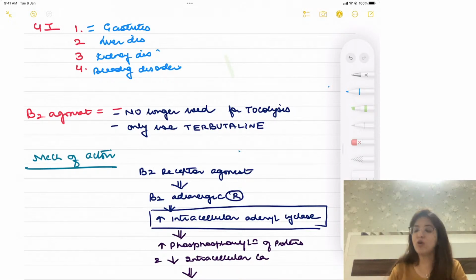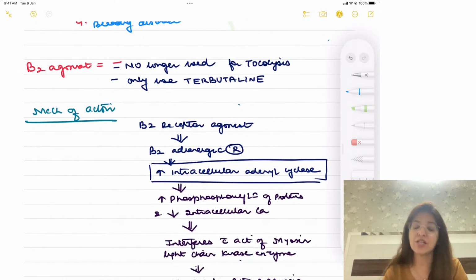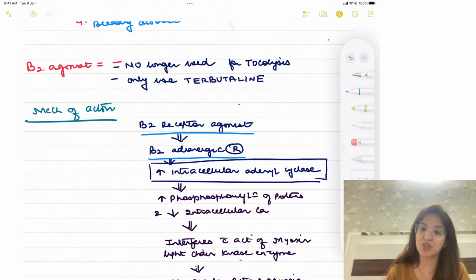Right? Now, how do beta-2 agonists act and how do they bring about tocolysis? Beta-2 receptor agonists act on beta-2 adrenergic receptors. And what do these receptors do?